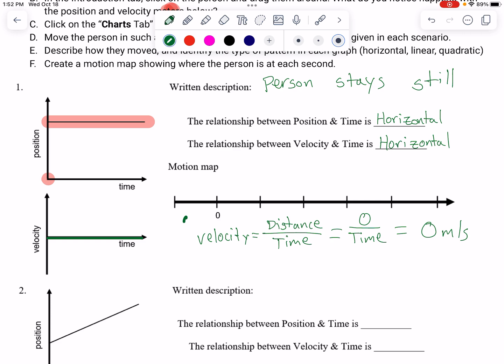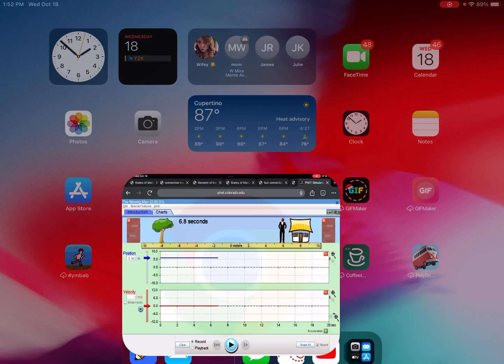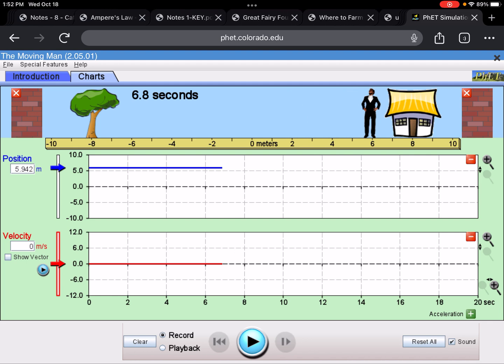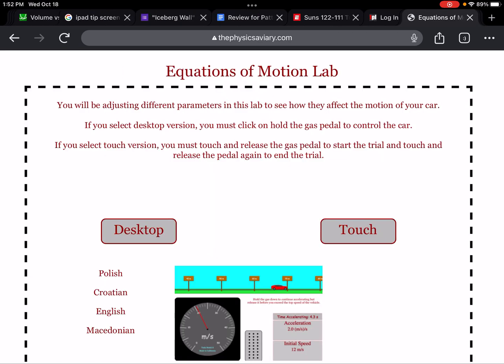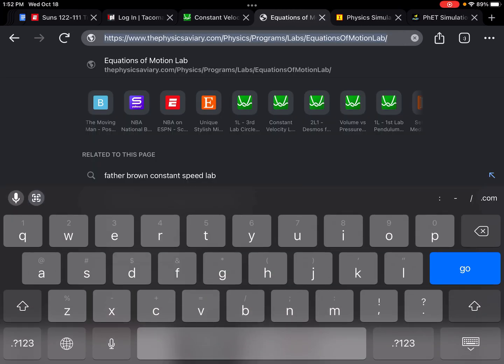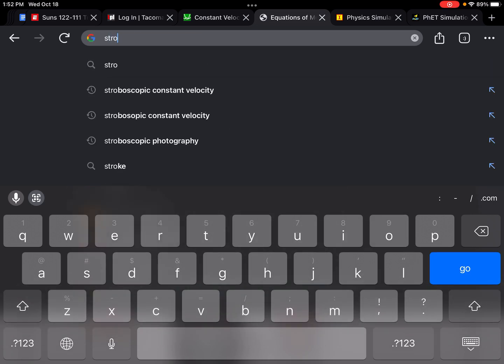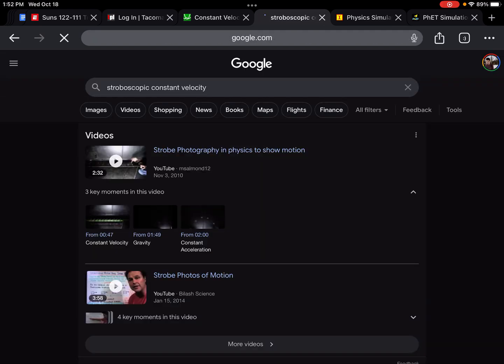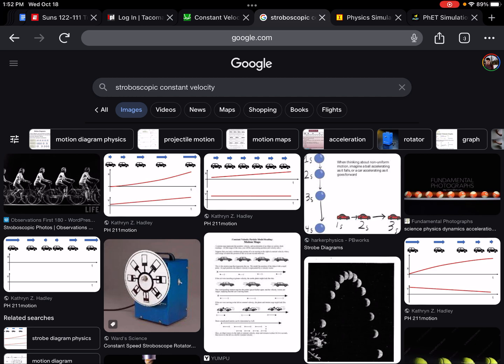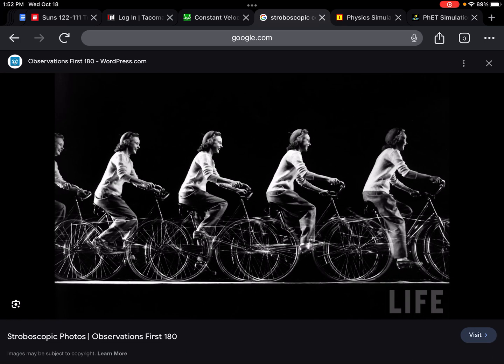Now, finally, we get to a motion map. Now, a motion map, I'm going to show you some pictures here. Okay, so a motion map is going to be, if you think of setting up a camera, and then taking one picture like every second.